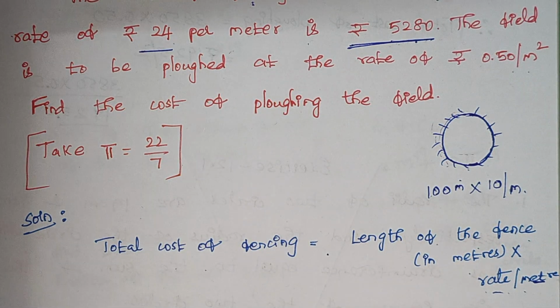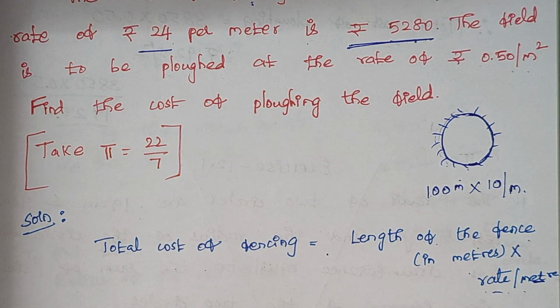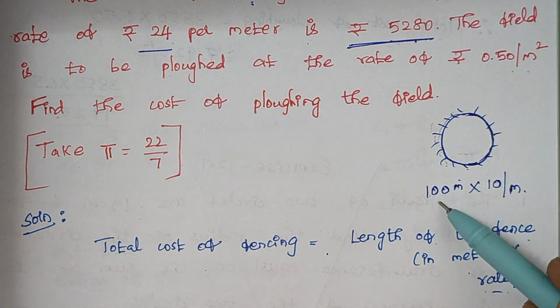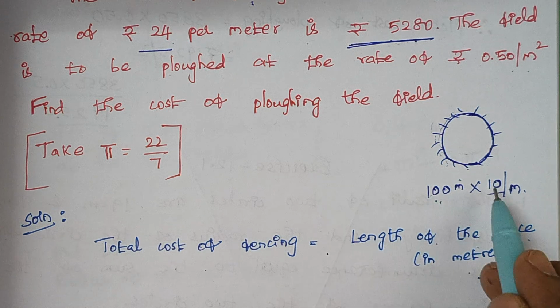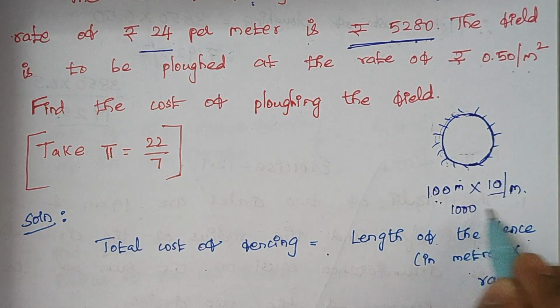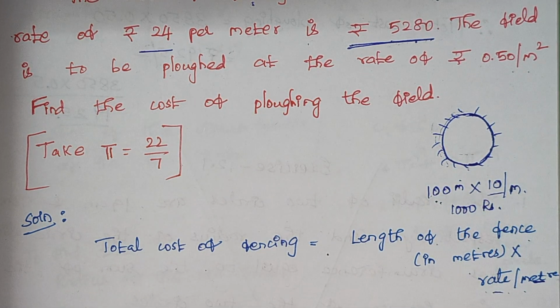Then how to calculate the total cost? The total length is 100, and for 1 meter of fencing you have to give 10 rupees, so 100 into 10 gives 1000. Therefore it is 1000 rupees. This will be your total cost of fencing.